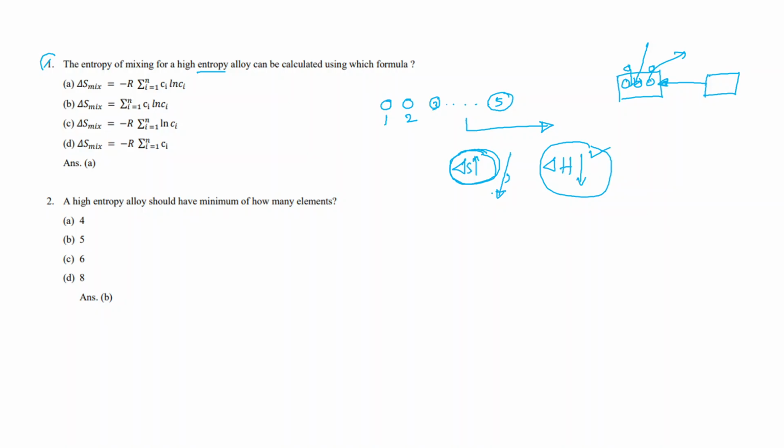Okay, this is dQ by T. It should be greater than or equal to 0 for every system. That means a spontaneous process. But for a reversible process, you have to put something in such that entropy will not be high.